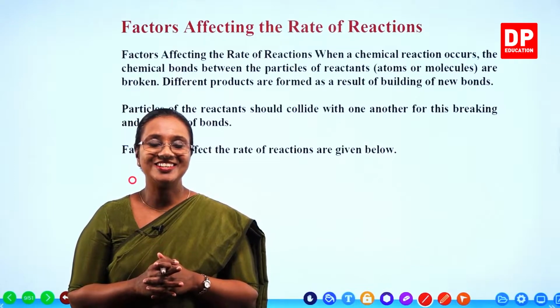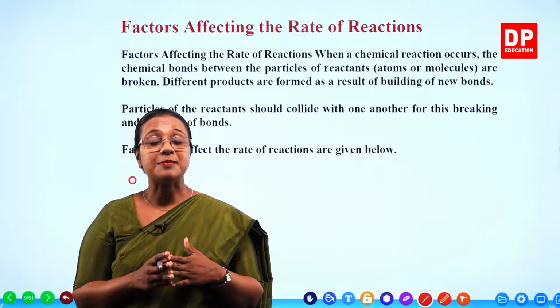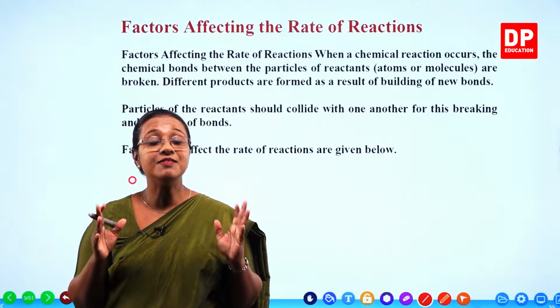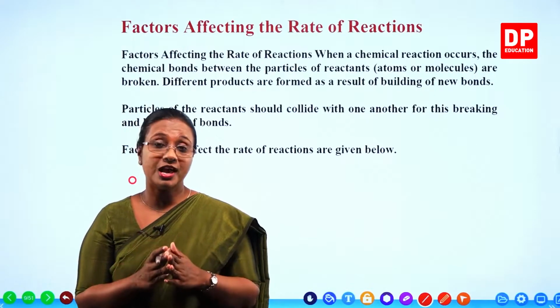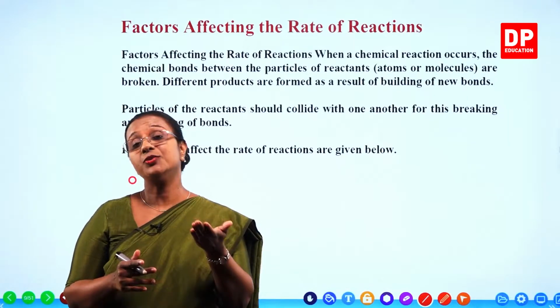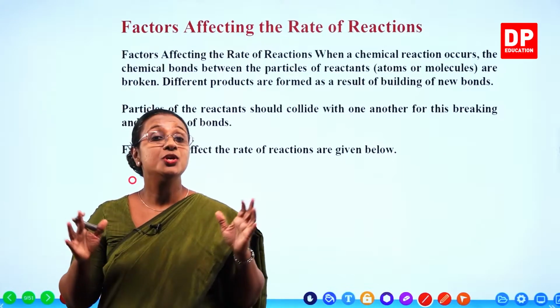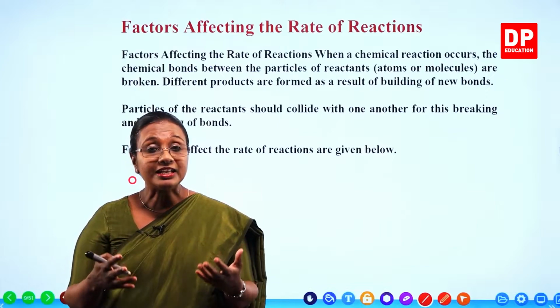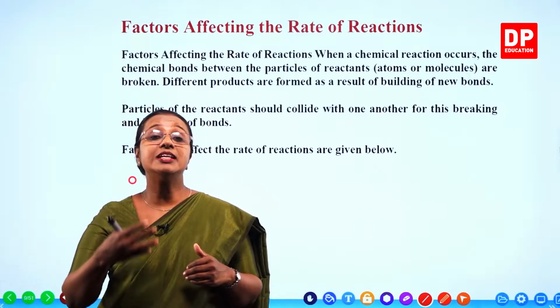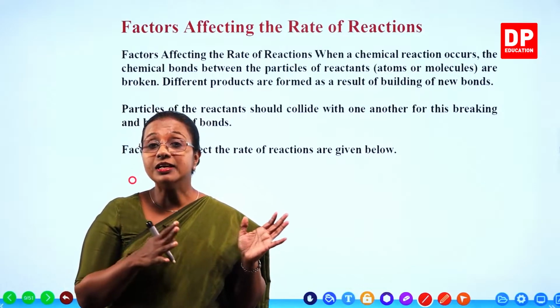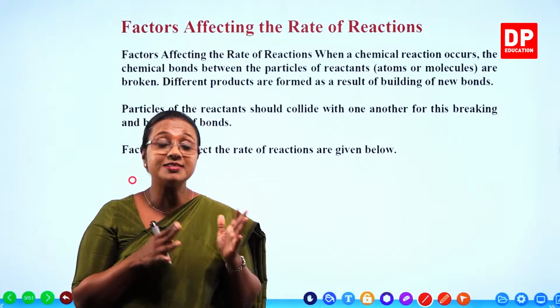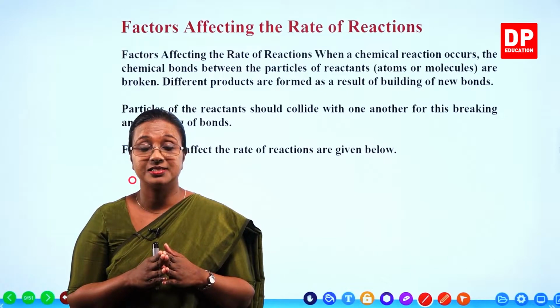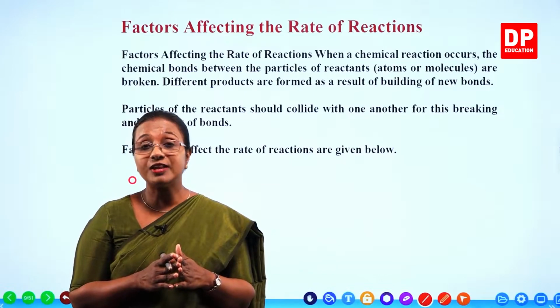Hello my dear students. So in the previous chapter we discussed why we need to have rate of reactions, why it is important to calculate rate of reactions, so that we can compare and give a better, quantitative idea about the rate of reactions, how fast a reaction can take place. So students, we saw what rate of reaction is.